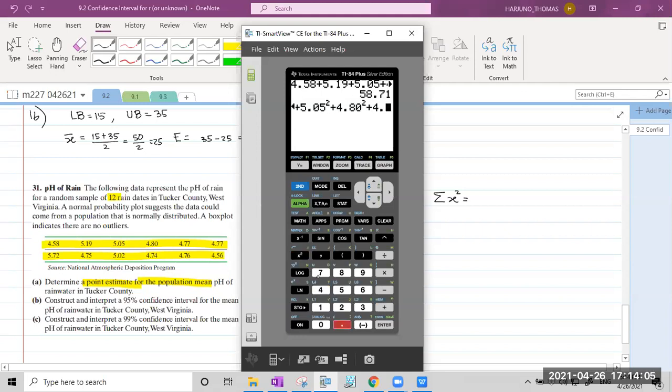Plus 4.77 squared, plus 4.77 squared, plus 5.72 squared, plus 4.75 squared, plus 5.02 squared, plus 4.74 squared, plus 4.76 squared, plus 4.56 squared.